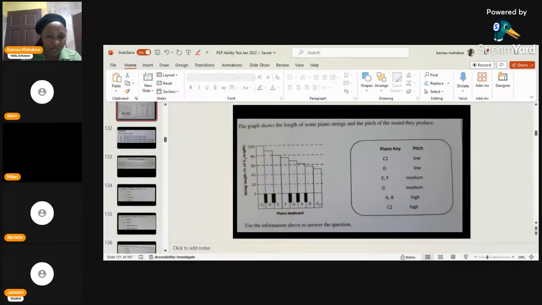D also has a good length, over 80. I can't see the unit properly, but roughly 85 units, and it also has a low pitch. The shortest key is C2, and if we look at the key over here, it has the highest pitch.